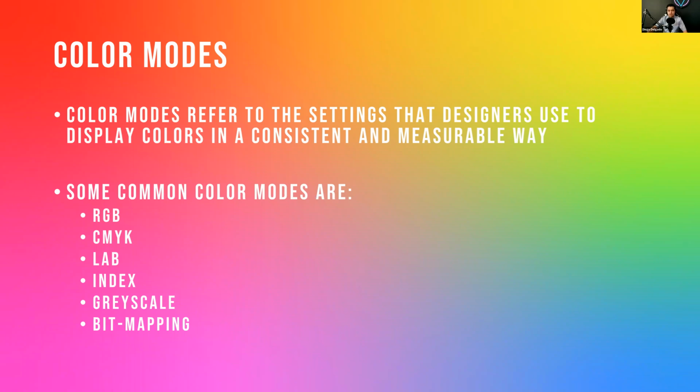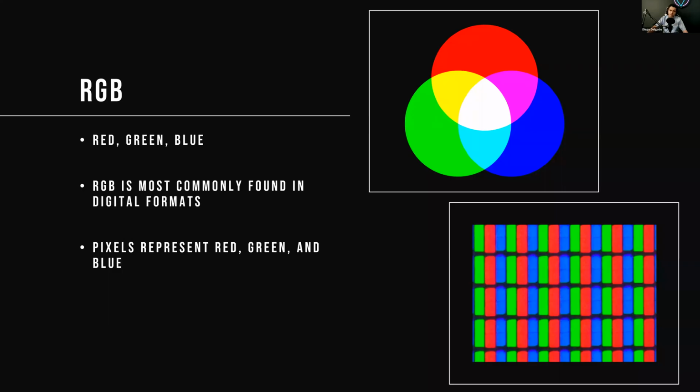Those other ones, if you get a little bit more professional, if you're working maybe with printers and really high quality prints and inks and stuff like that, you might look into some of those others, but we're mostly going to be using RGB and CMYK in honestly most design regards. So starting off with RGB, RGB stands for red, green, and blue. RGB is commonly found in digital formats.